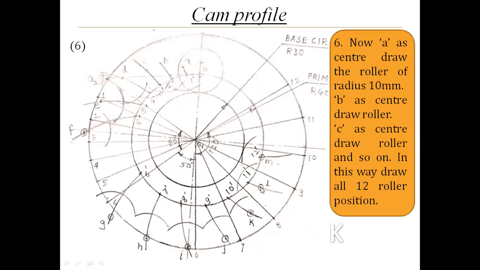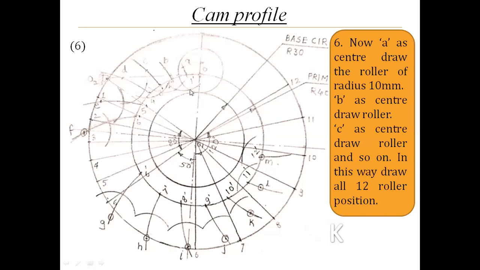Then L as a center, 10 mm in the compass, draw the roller, and 12 or M as a center and 10 mm roller radius, draw the next roller position.